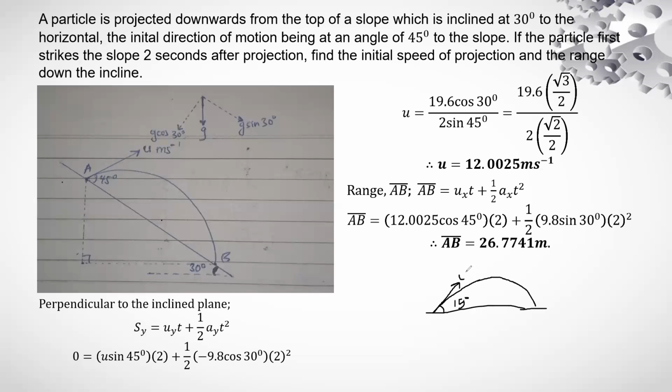And remember, you have U, so you have to find this distance. What I'm talking about is this: if you have a plane through A, like that, your maximum height is going to be this.